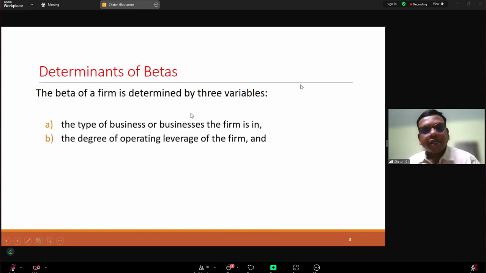Okay, so the degree of operating leverage. What do we mean by operating leverage? How much fixed assets you have actually invested. The higher the fixed assets you have invested, the higher the beta of such companies will be. For example, BHEL, BEL companies, beta will be much higher when compared to less capital intensive companies like Zomato and others, because these are asset light models.